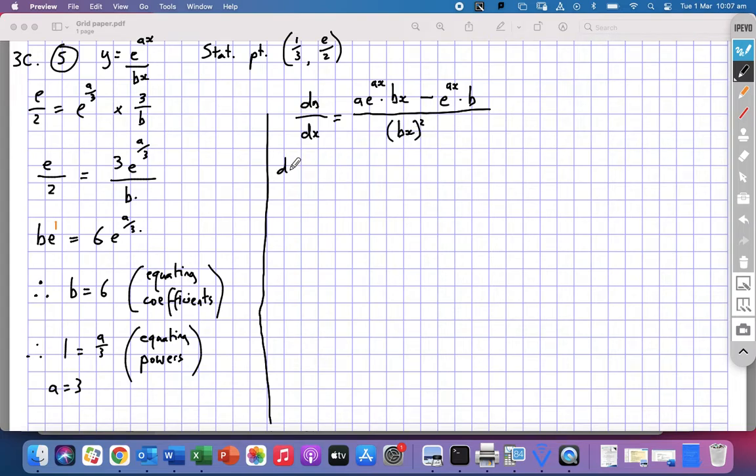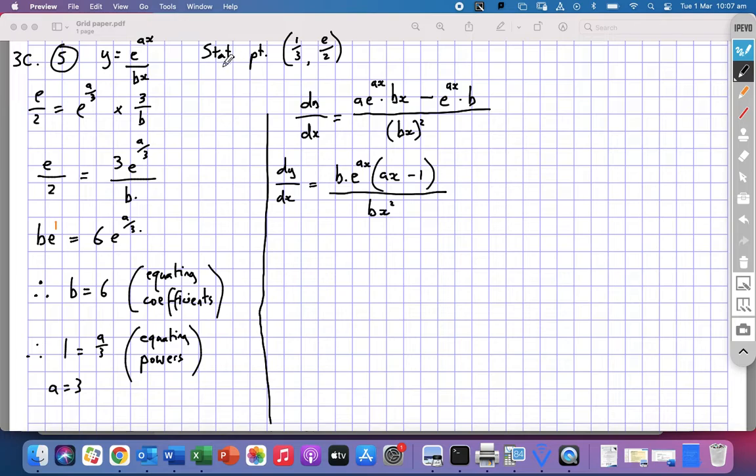When you're doing a question where you're using the derivative, it's always a good idea to factorize, and I can see that the numerator can be factorized. There's a common factor of b times e to the power of ax in the two terms in the numerator, and that would leave ax minus 1, all divided by bx squared.